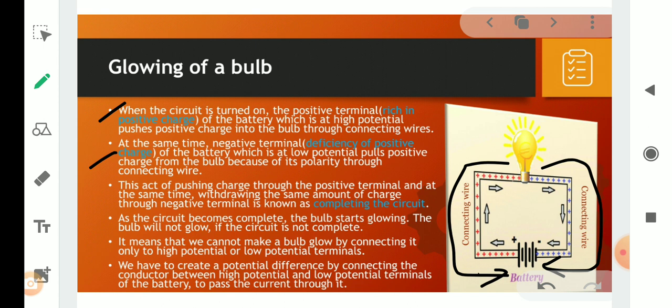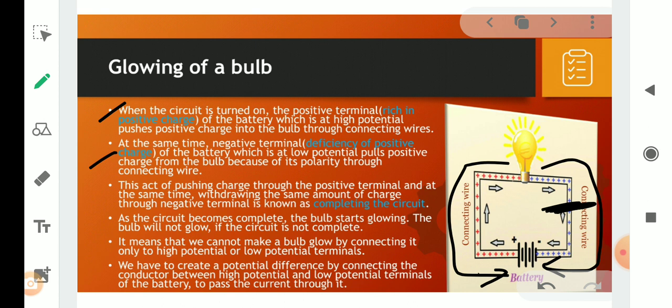So we have to create a potential difference by connecting it to the battery. The conducting wire should be connected to the high potential and low potential terminals of the battery to pass the current through it. Imagine the wire is cut off here. Does the electric circuit become complete?